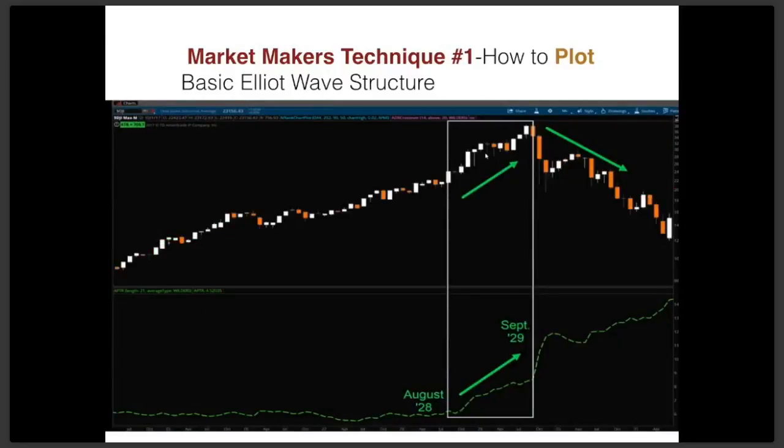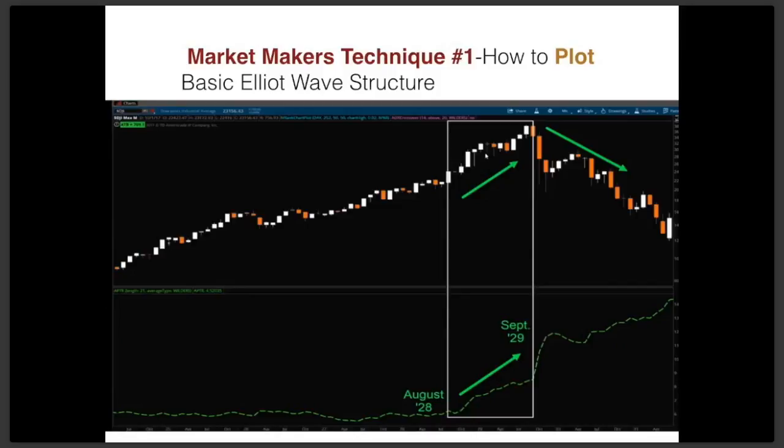So let's take an example, August 28 to September 29, right? The APTR starts increasing. Now you can populate the APTR on the Thinkorswim platform. Just look for this indicator, and you can see from August to September, APTR is starting to creep higher, all right?